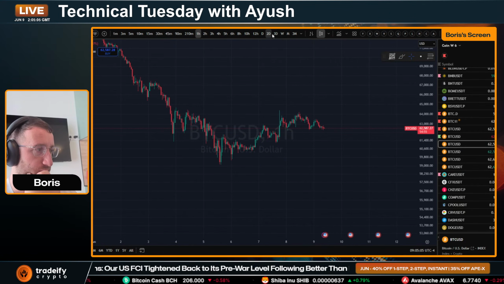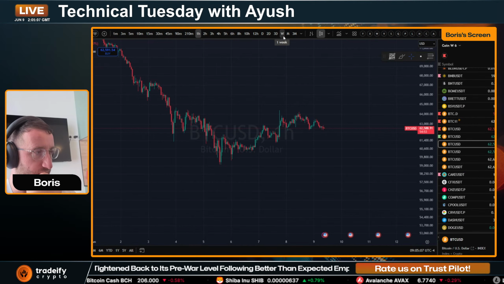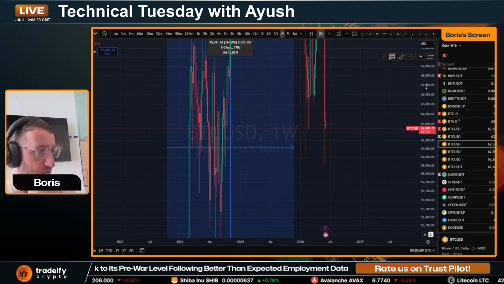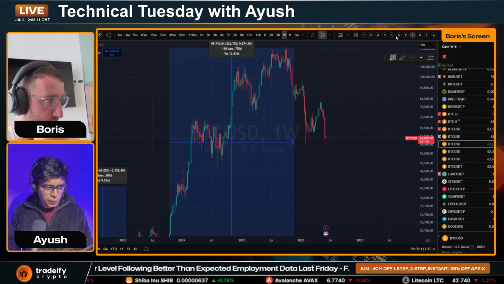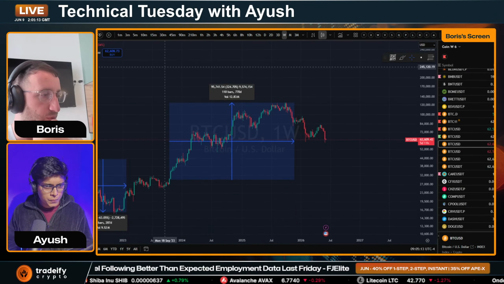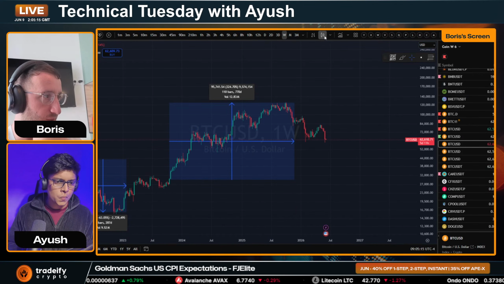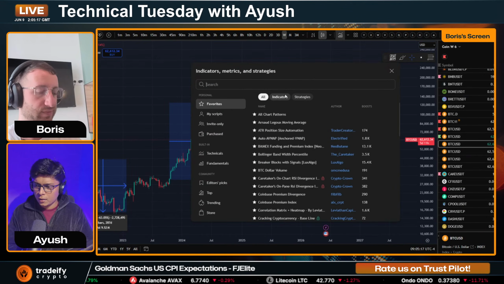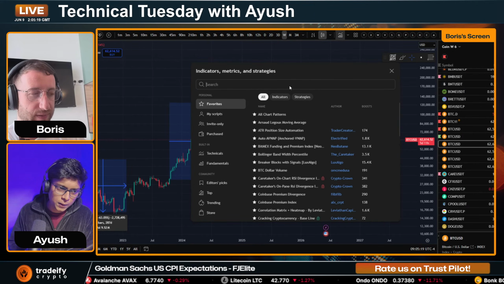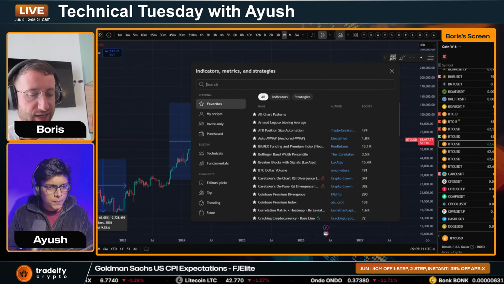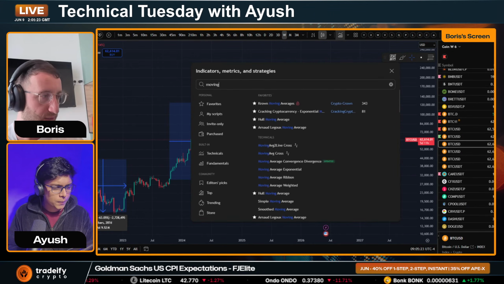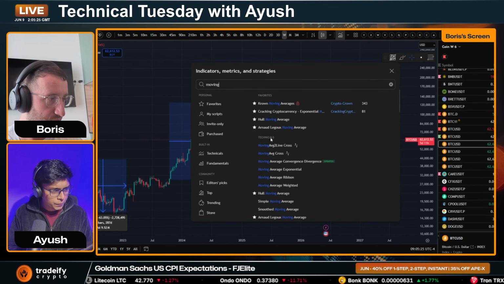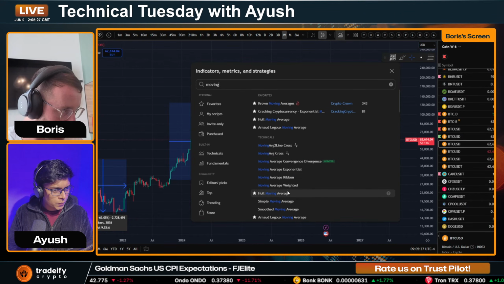So I'm still bullish on it on the weekly, because as we were talking about, Ayush, we apply a moving average here. Let me put it on here. The 55 and the 100, maybe 200 SMA. Yeah, the 200-day SMA. Let me just put it on for those who missed it yesterday.